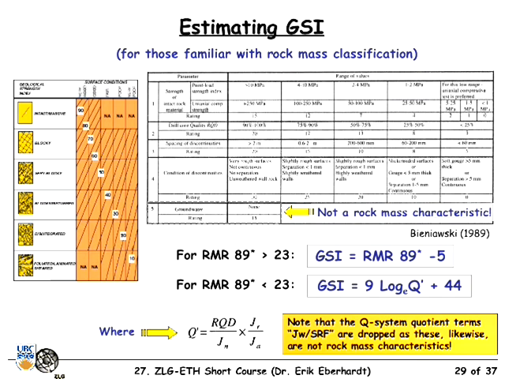The stresses and the groundwater will be taken care of separately. So we take the rock mass classification system of Bieniawski and we drop out groundwater. We give it a groundwater rating, the highest rating, which basically says there is no groundwater. And that's more or less what the GSI system is, minus 5.